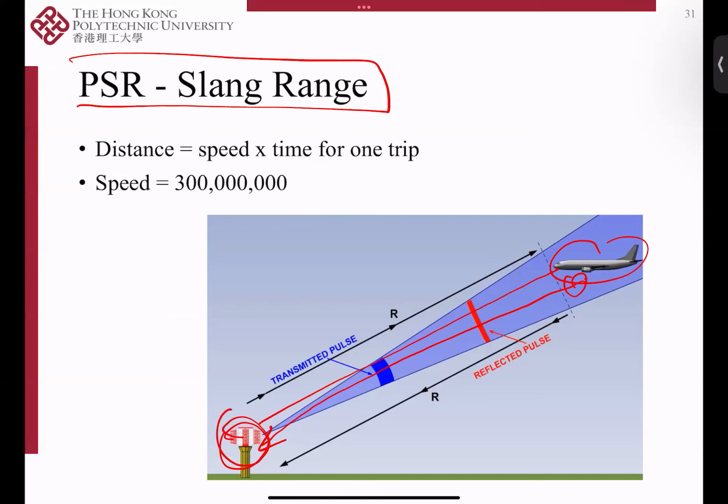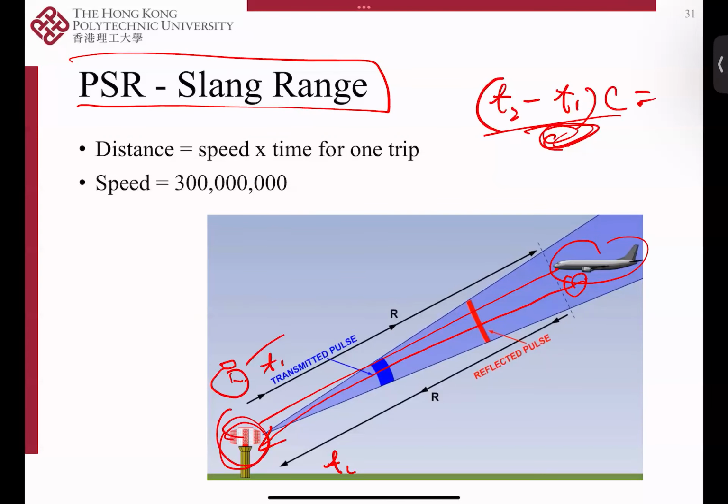You have a clock, a timer in here, and you directly measure: the pulse propagates at T1 and is received at T2. What you get is T2 minus T1, multiplied by C, the speed of light, and then you directly obtain the distance.